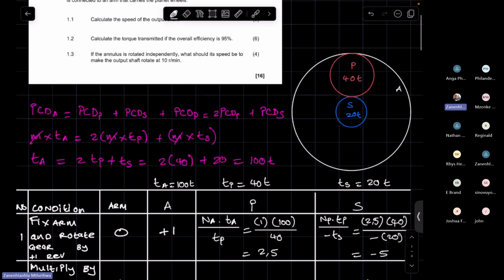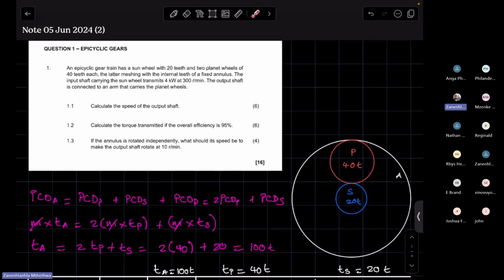Now we need what we are looking for, and we get that by knowing which component the output shaft has been fitted on. They say the output shaft is connected to an arm that carries the planetary wheels. So when they say calculate the speed of the output shaft, they want us to calculate the rotational frequency of the arm, seeing that the output shaft is fitted onto the arm.